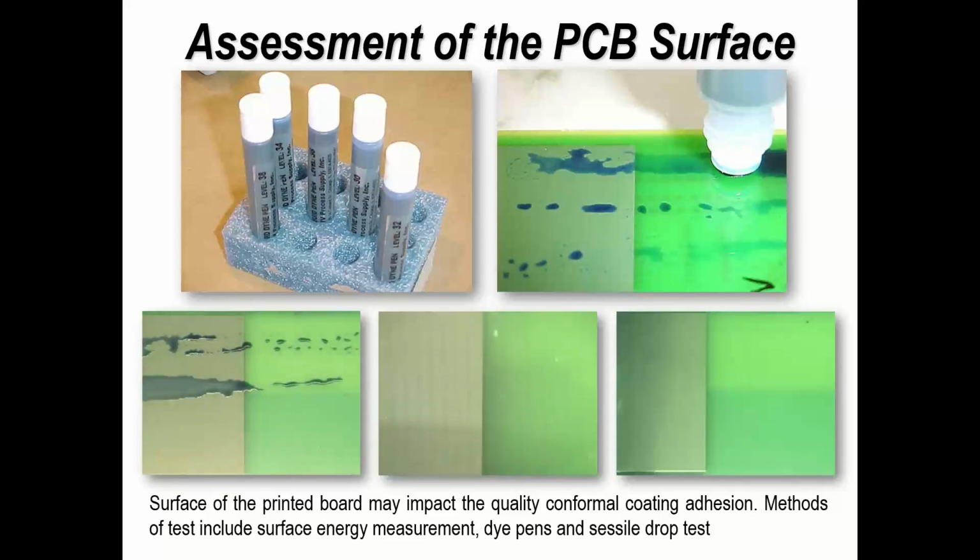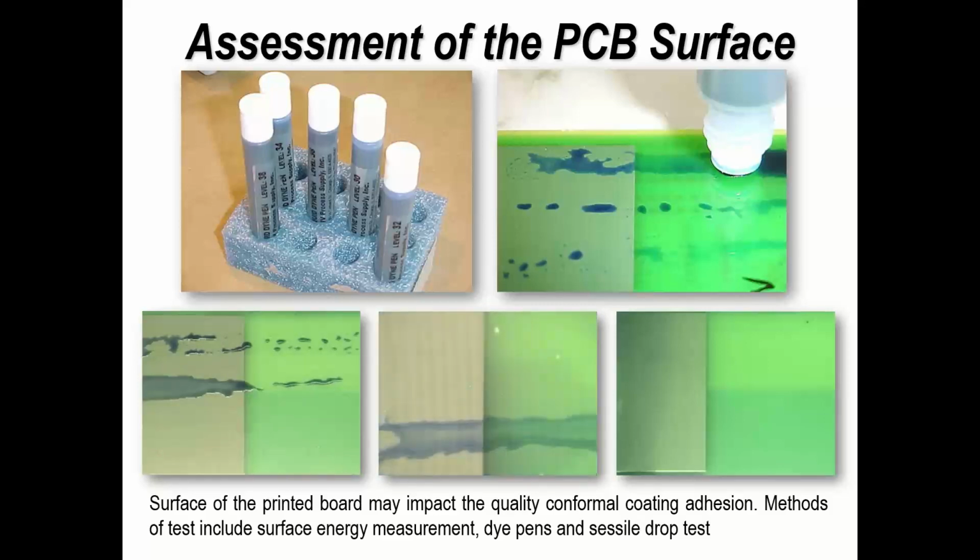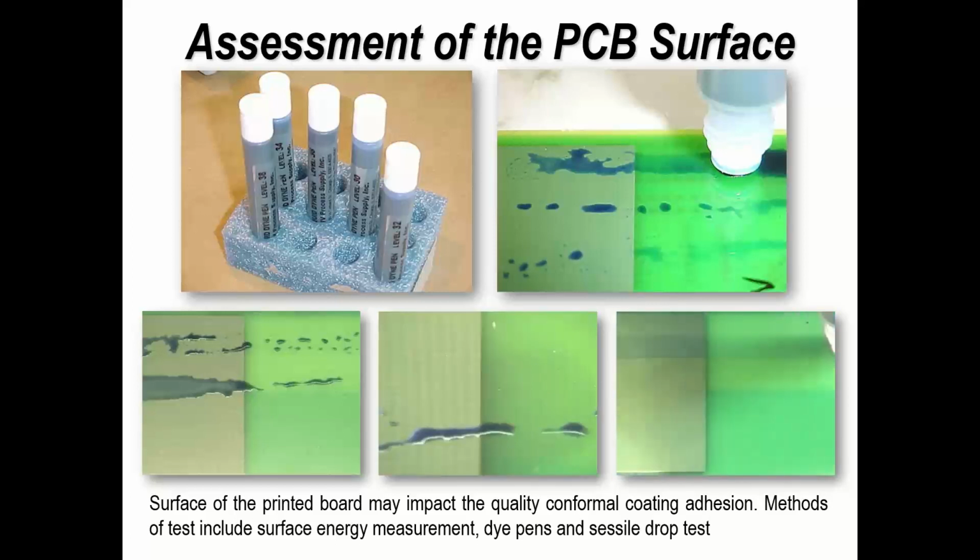And you buy these, they are graded at different levels. And this allows you to do a fairly simple measurement of the performance of that coating. You'll notice I'm measuring on copper as well as on solder mask. And as you look at the examples here, you can see the one on the right-hand side, which I've just drawn, is not breaking up at all. So again, the wettability of that surface is far superior to the other two.